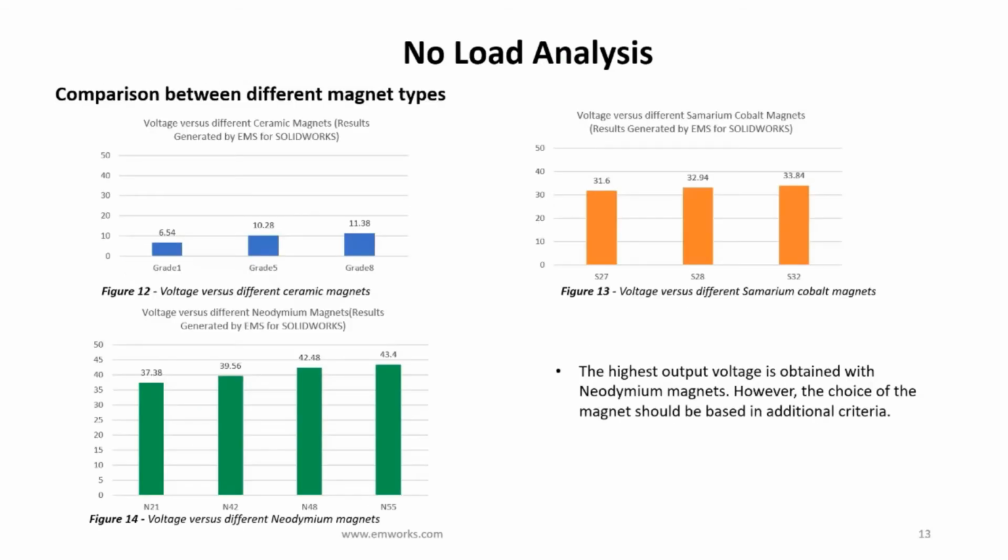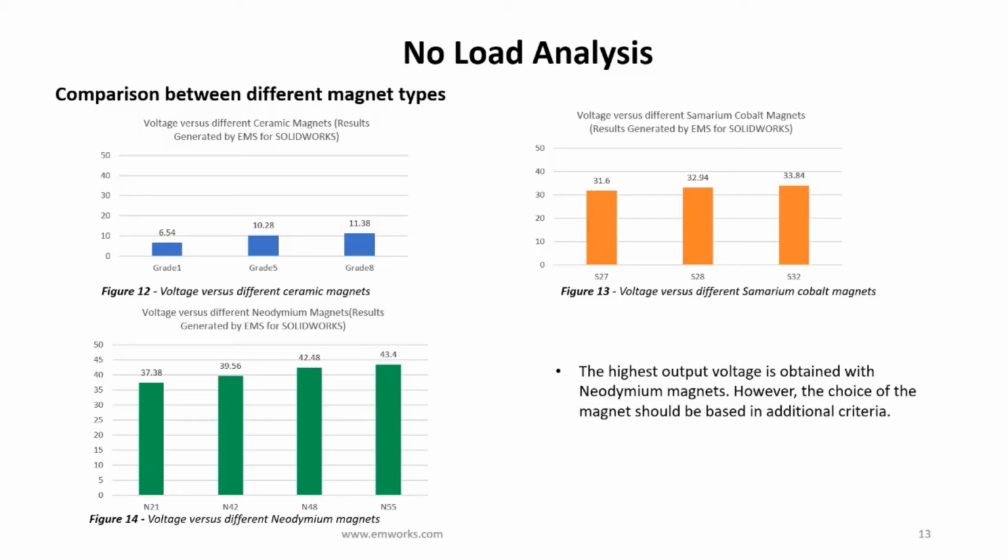To get an idea about the relation between the output voltage and the magnet used in an axial flux generator, a series of simulations were conducted using EMS coupled to SolidWorks Motion. As can be seen from the 3 figures of this slide, the output voltage is maximum when neodymium magnets are used compared to ceramic and cobalt magnets.